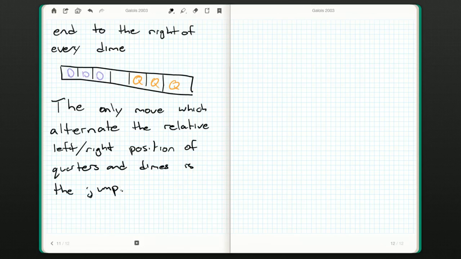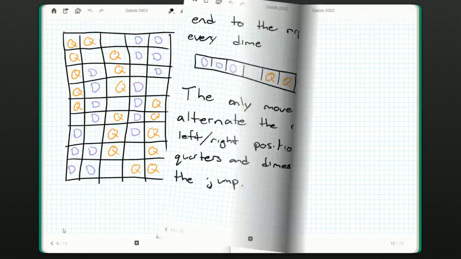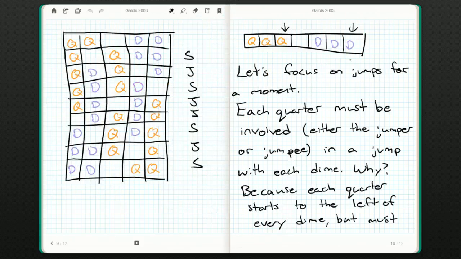Okay? So this tells us a little bit about what we need to do with the jumps. Now, we can't say that every quarter has to jump every dime, but the quarter needs to swap positions with every dime. So the quarter must either be jumped by a dime or jump over a dime. So there's definitely a jump associated to each quarter and dime pair.